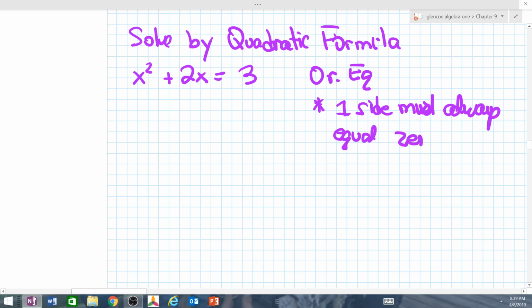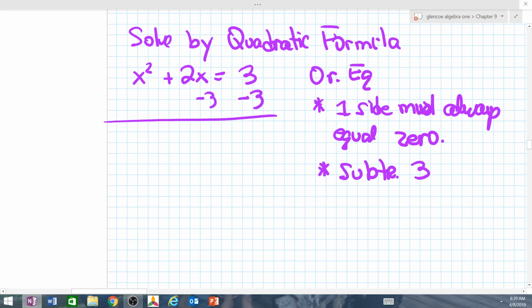So what do we need to do to each side? Good. We're going to subtract 3 from each side, and now we have x squared plus 2x minus 3 equals 0.